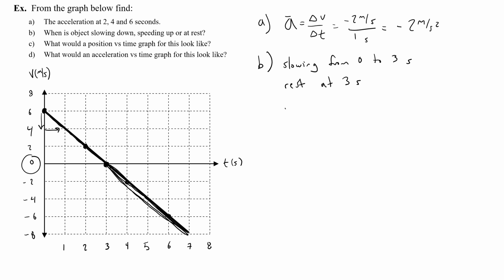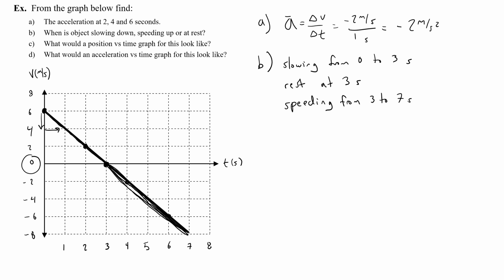That means it's speeding up. So even though there are negative velocities, that still means it's speeding up if it's going away from 0. It's like how you can speed up in your car to the west. Just because you're going west doesn't mean you're slow. So you're speeding up from 3 to 7 seconds.